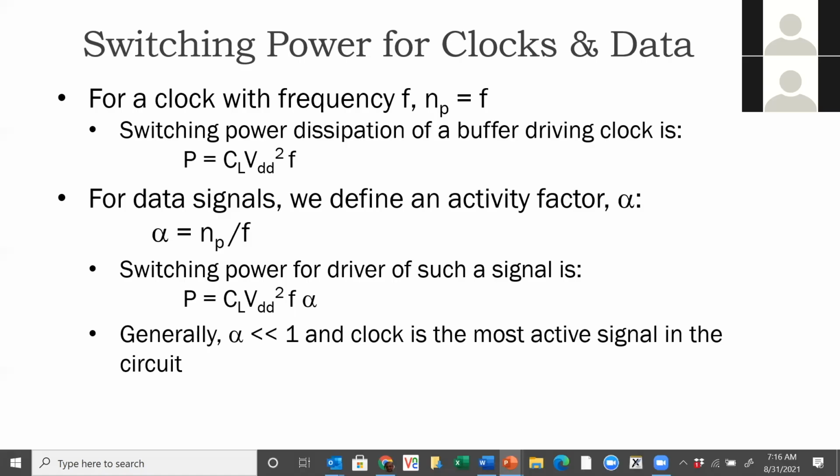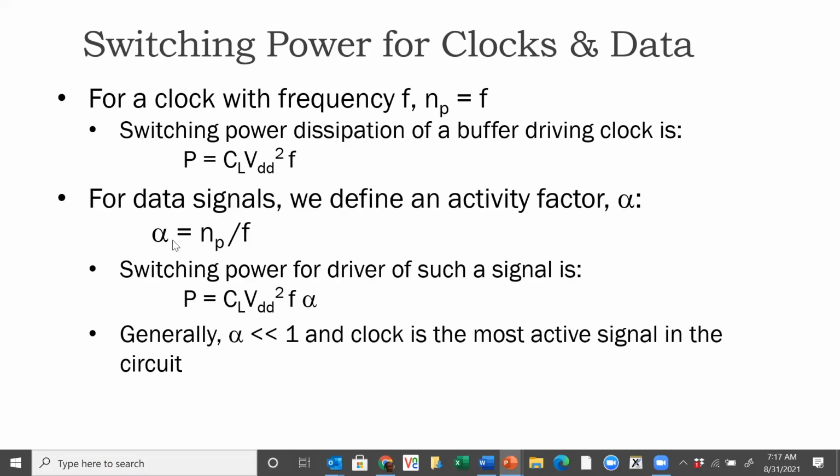So we define an activity factor alpha, where alpha is the number of pulses at the output of a logic gate divided by the clock frequency. If you replace NP in the equation for power, then power is CL VDD squared times f alpha. F is the clock frequency, alpha is the activity factor.